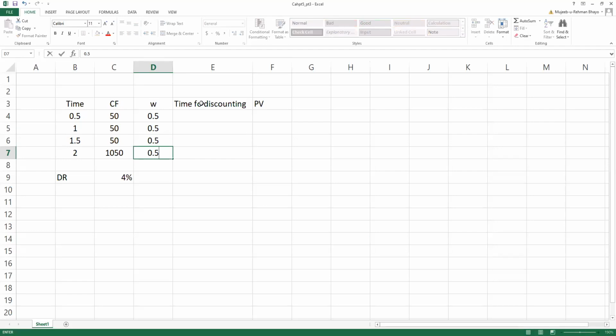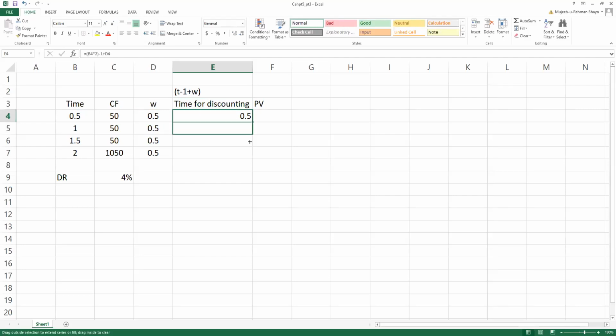So the time for discounting, as we have seen in our previous slides, will be t minus 1 plus W. Here t is basically the time period multiplied by 2, minus 1 plus W. So you get 0.5 here, and if we break this, 1.5, 2.5, and 3.5.